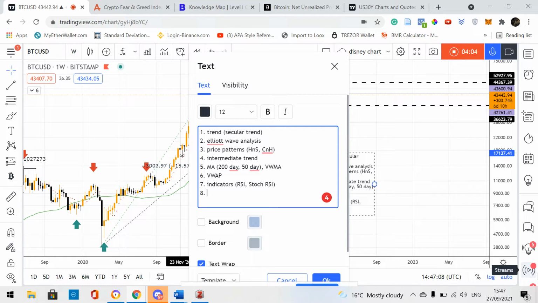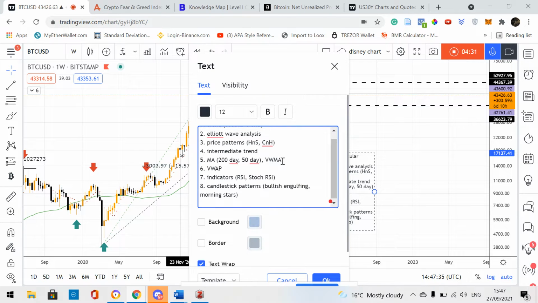And then I sometimes use the Bollinger Bands as well, but mainly the last one is candlestick patterns. So we are talking about bullish engulfing, morning stars, and others.